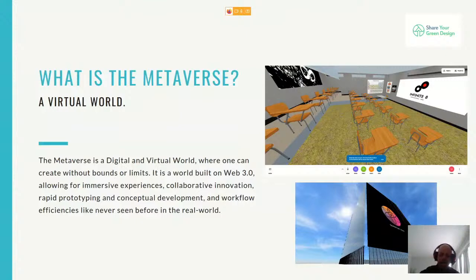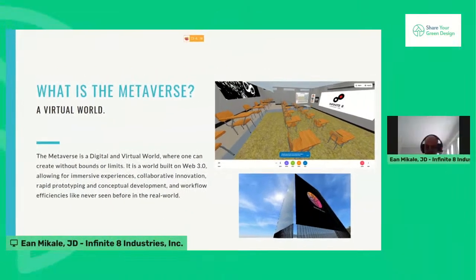It allows for prototyping, testing, and rapidly developing many different concepts. There are definitely efficiencies that can be had as far as workflows, being able to share information in a new type of way, in a more immersive way.